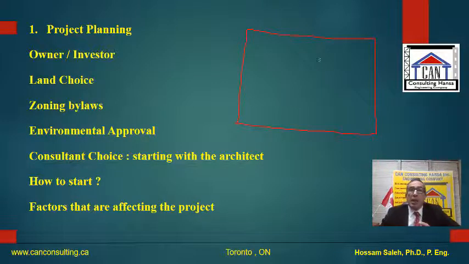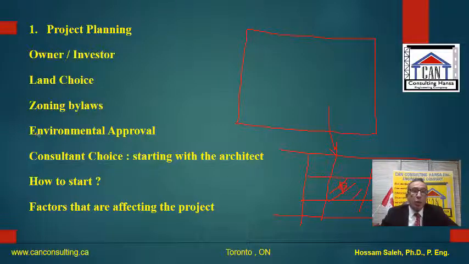He has to choose it, and in the city in general, if the city map is like that, there will be some zones in the city. Each zone has some requirements or restrictions. For example, if this land is in this zone here, then he has to abide by the zoning bylaw.